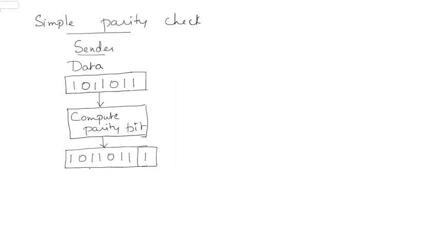We are using even parity, so count the number of ones: 1, 2, 3, 4, 5 and 6. Now the even parity condition is satisfied. This is the data which is to be transmitted over the transmission medium.